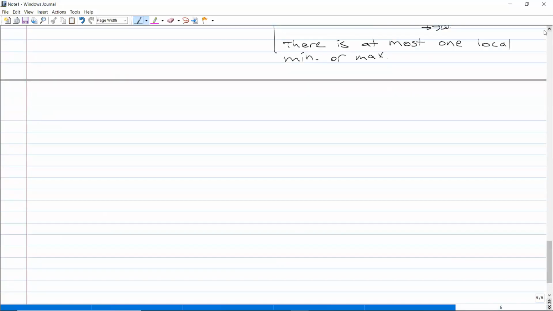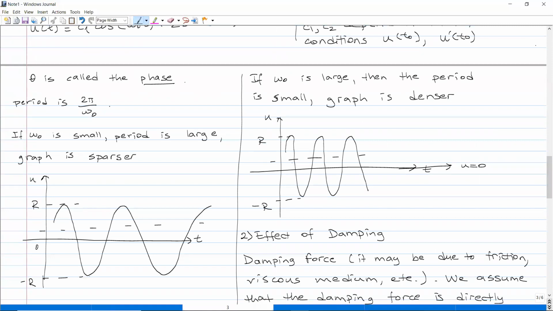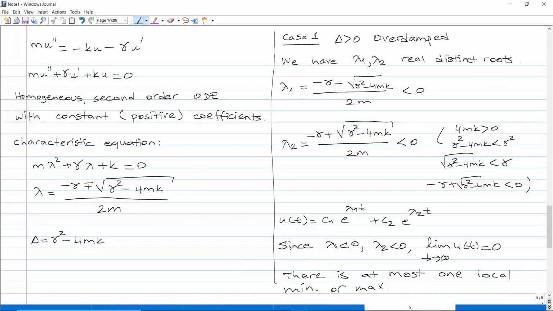So a typical graph would be, oops, I'm sorry, one moment.